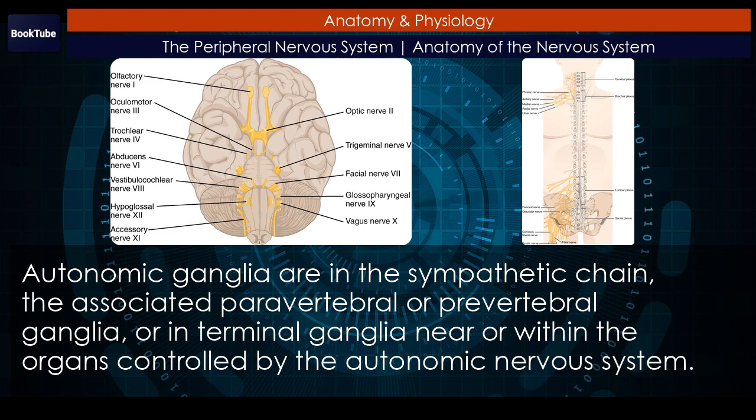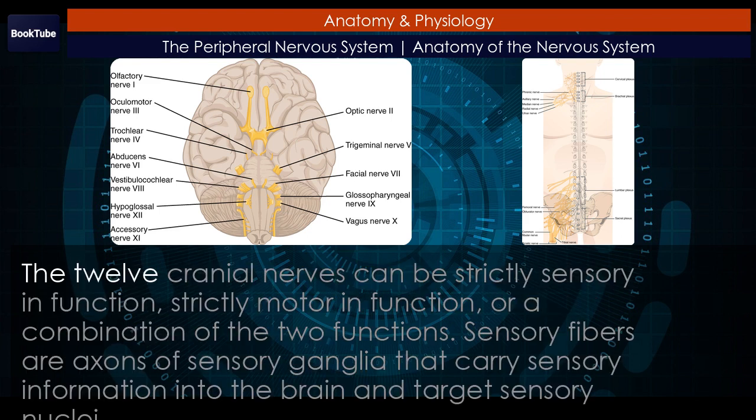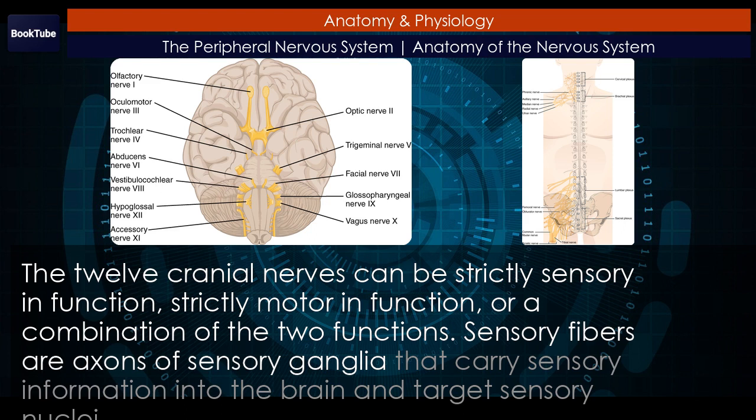Nerves are classified as cranial nerves or spinal nerves on the basis of their connection to the brain or spinal cord, respectively. The 12 cranial nerves can be strictly sensory in function, strictly motor in function, or a combination of the two functions. Sensory fibers are axons of sensory ganglia that carry sensory information into the brain and target sensory nuclei.